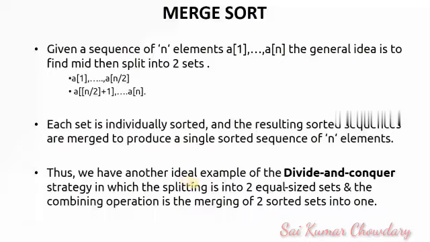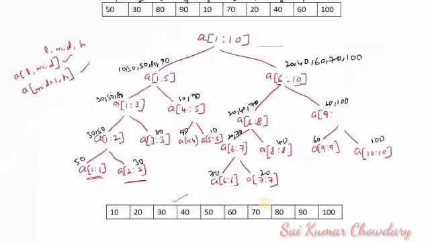Thus we have another ideal example of the divide and conquer strategy, in which the splitting is into two equal sized sets and the combining operation is the merging of two sorted sets into one.